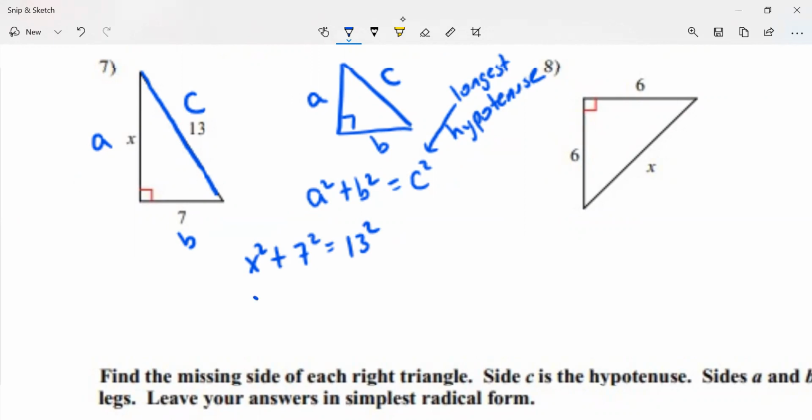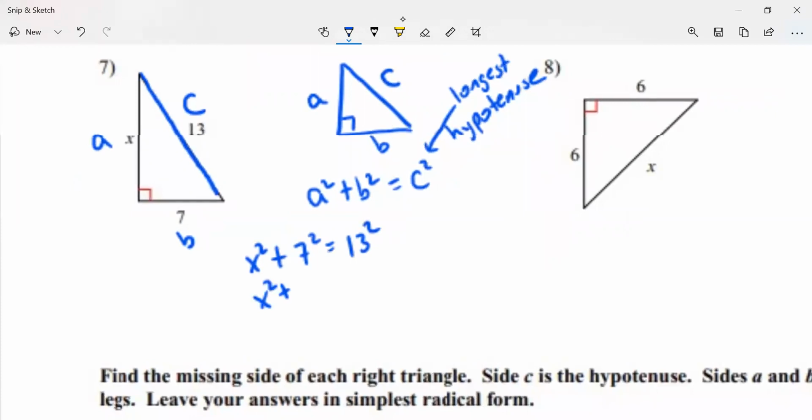So let me write this as X squared plus 49 is equal to 169. I'm trying to get the X by itself. So the X squared in this case, my plus 49, let me move it over as a minus 49. So that's going to give me that X squared is equal to 120.